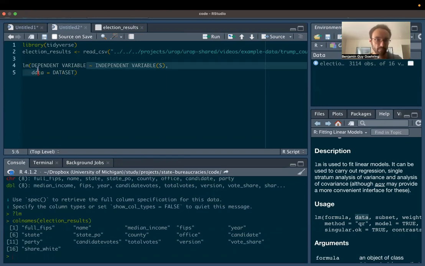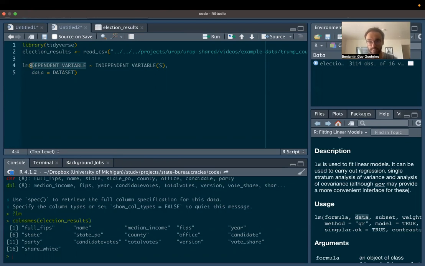The dependent variable in our case is the variable we're interested in predicting, the variable we're interested in seeing how it changes given another variable.